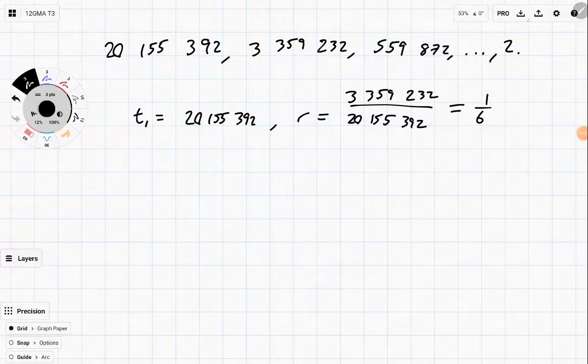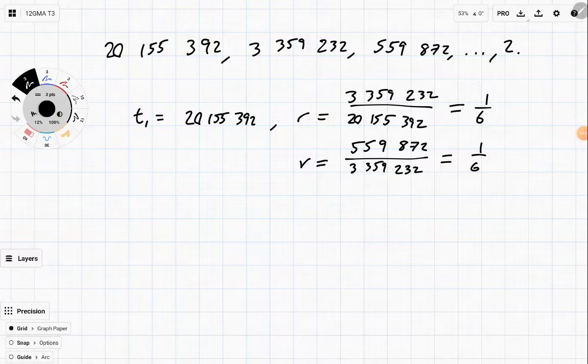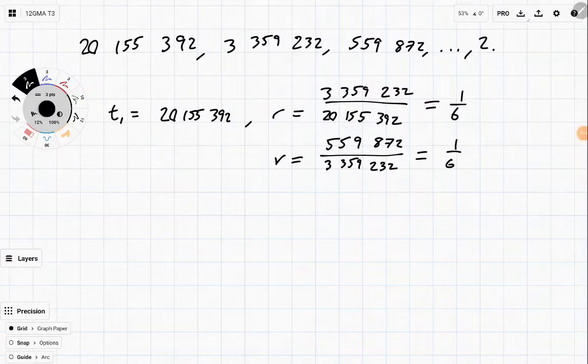And just to double check, we'll divide the next two. 559,872 over 3,359,232. And indeed we get a sixth. So the common ratio is a sixth, and we know that at some point it reaches 2 as a term. So that means at some point Tn is equal to 2, and we're looking for when that is.